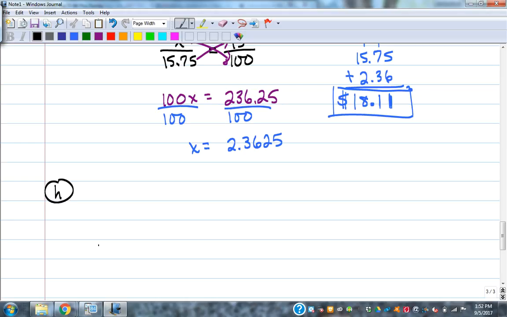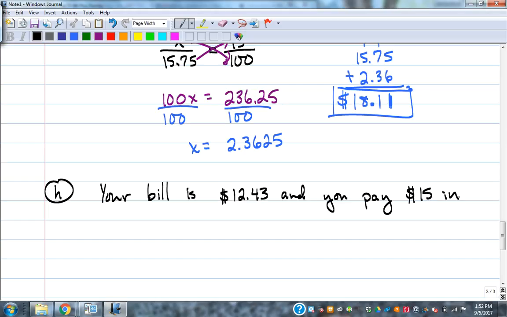Let's say this is what happens. Your bill is $12.43, and you pay $15 in cash, and tell the waitress or waiter, whichever one you want to put there, to keep the change.